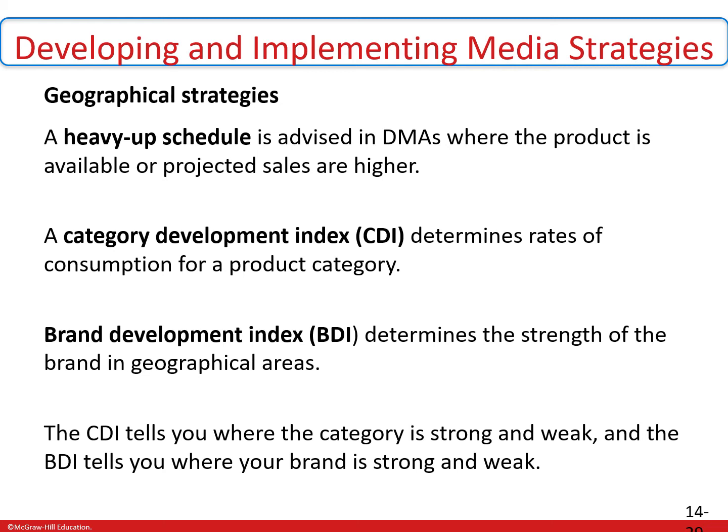And here you would use the CDI to help you in terms of rate of consumption, because remember we talked about the CDI looking at how the category is doing. The BDI tells you how strong your brand is in a particular geographical area. So the CDI tells you where the category is strong and weak, and the BDI tells you where your brand is strong and weak.